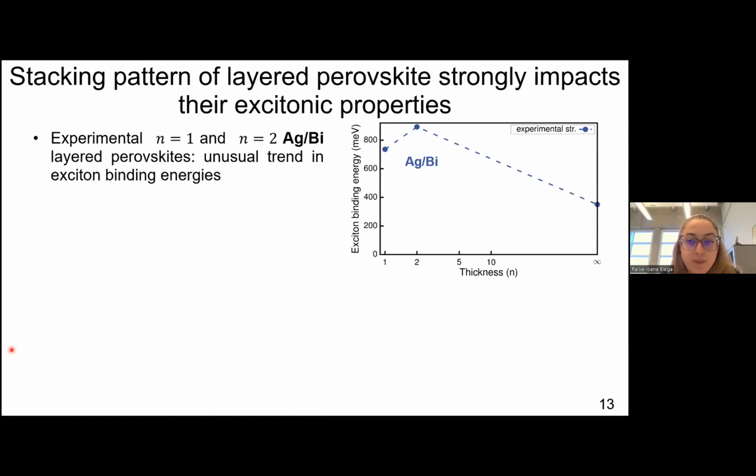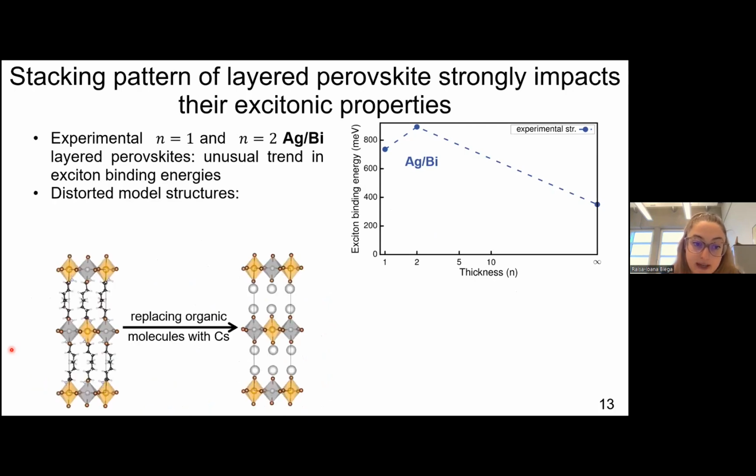So we tried to explain the unusual trend that we see in the exciton binding energies. First we looked into the effect of molecules, because we wanted to see if this is coming from molecules or not. For those, we constructed distorted model systems. So we replaced the molecules with cesium, and we kept all the distortions as in the experimental systems, and repeated the entire theoretical workflow.